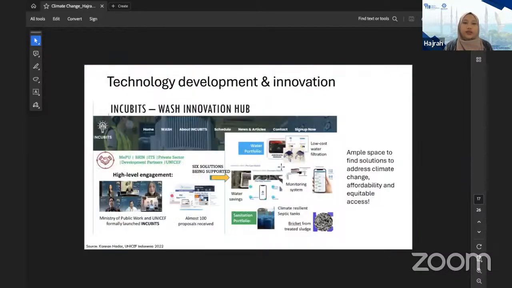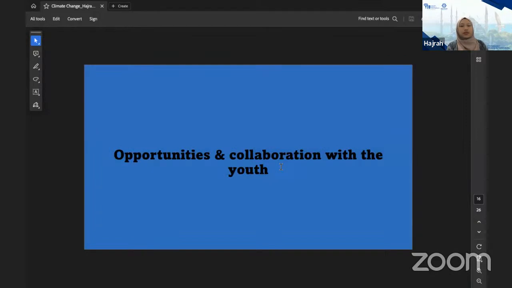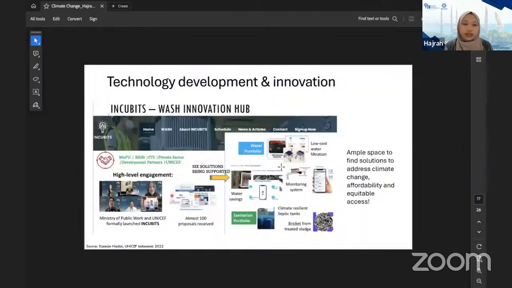And yeah, talking about opportunities and collaboration with the youth. We in UNICEF Indonesia did several programs. We call it the Incubates Innovation Hub, where we invited youth from all over Indonesia who study in university to overcome water scarcity, and these are some of the findings from them.